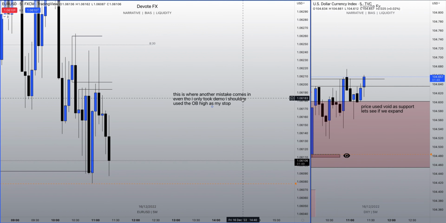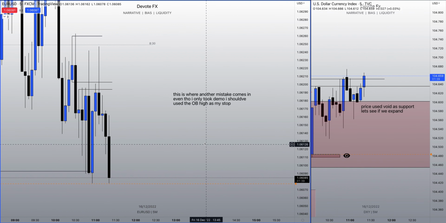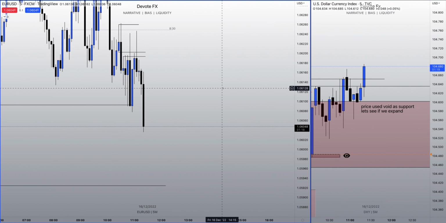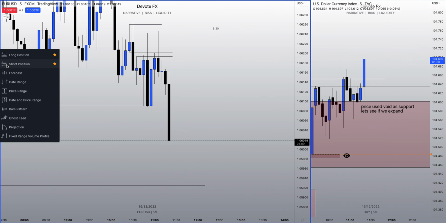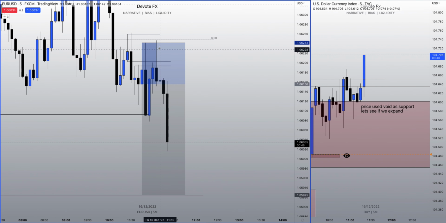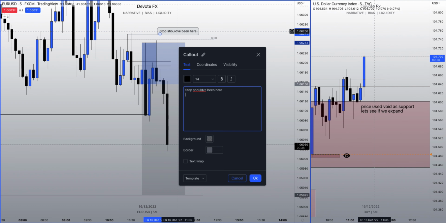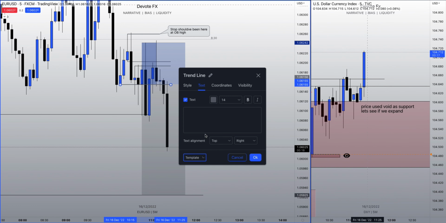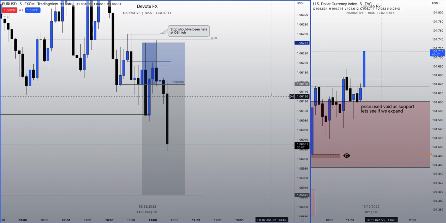Now I believe this is where we begin to get some expansion. So that would be take profit 1, and take profit 2 is obviously that second black line. I put this up just to show you guys my mistake, and re-annotate the order block for you guys.